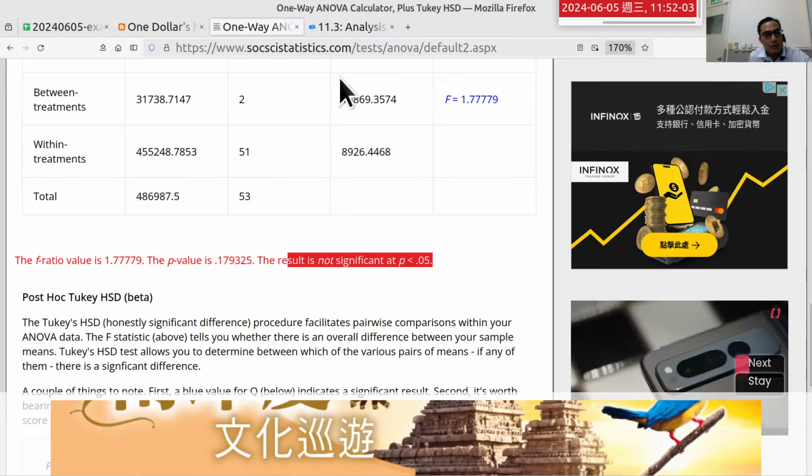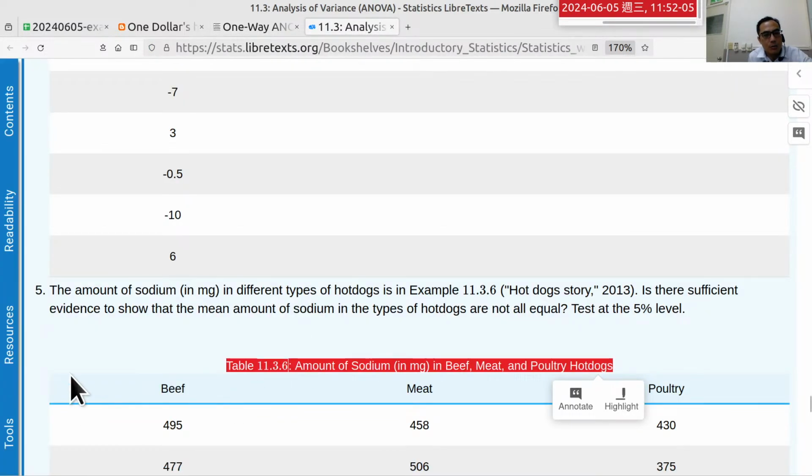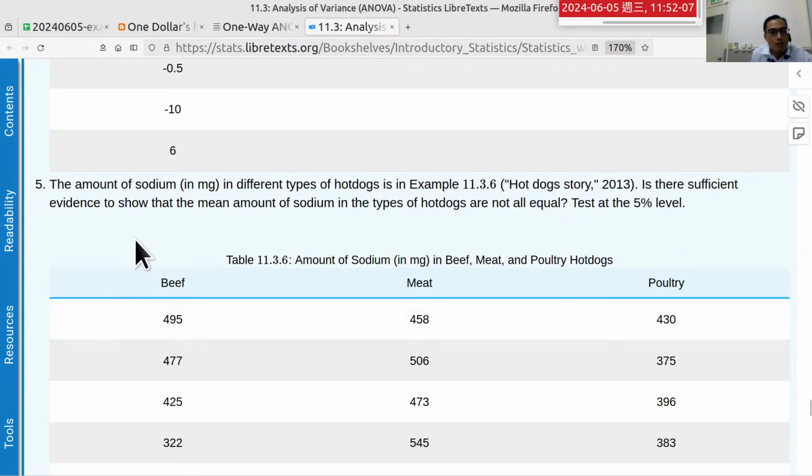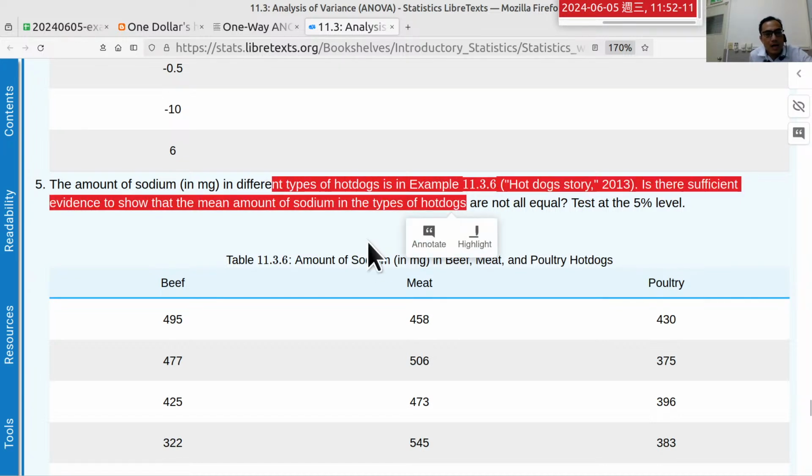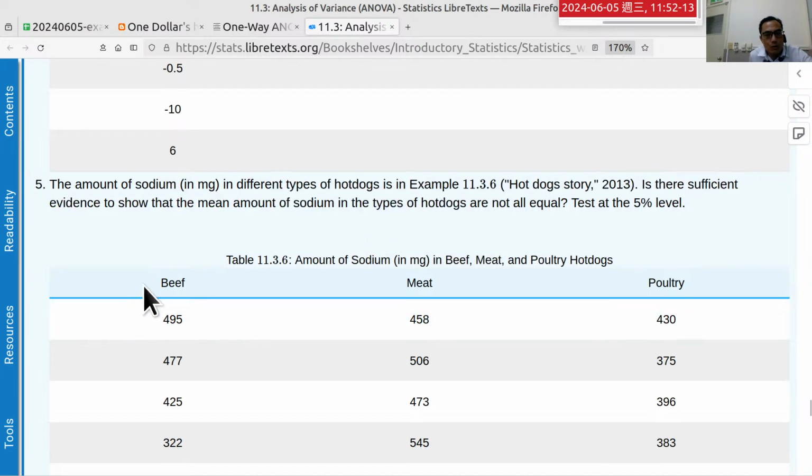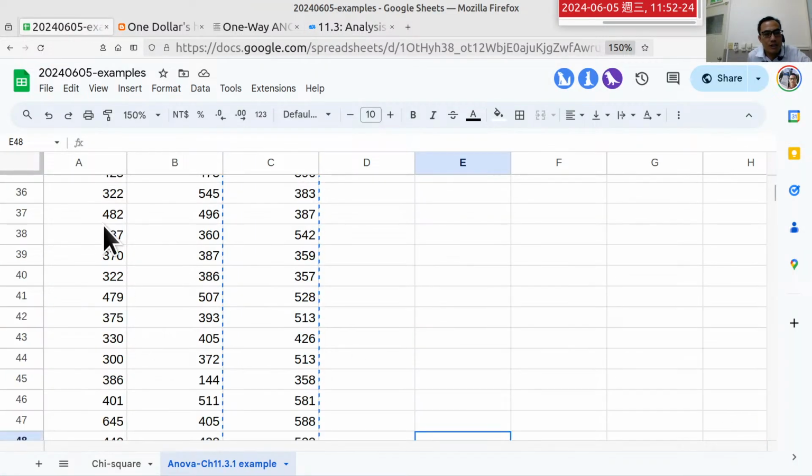So we cannot reject the hypothesis, and now we know the amount of sodium in different types of hot dog here, no evidence to show those three different types of hot dog have different sodium. Done. Okay, let me show you this. You can try this example.